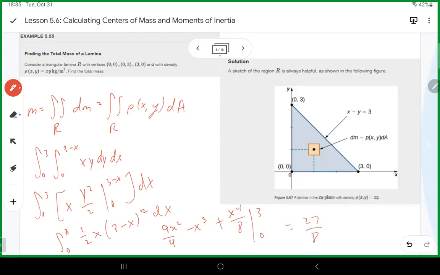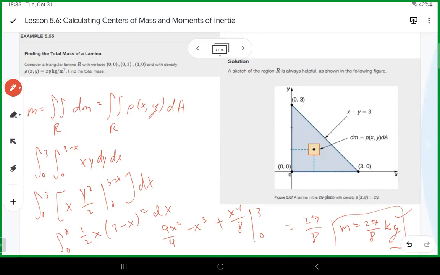So the computation is straightforward, giving us a mass of 27 over 8 kilograms. You're going to want to make sure that you're paying attention to your units in this section.